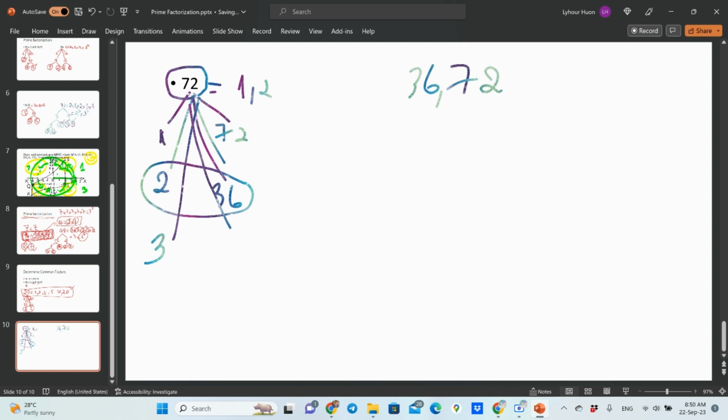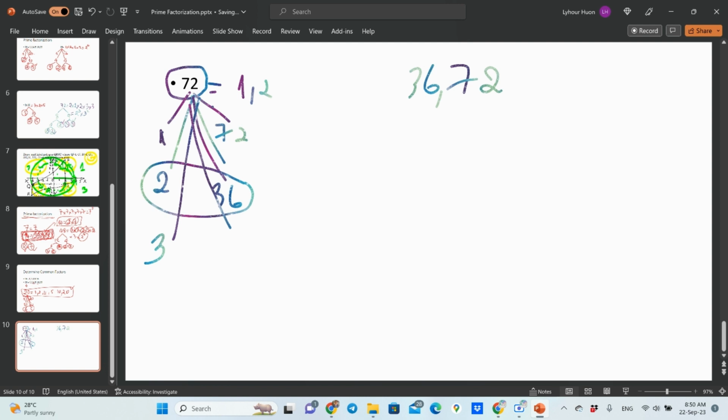The divisibility rule. We studied it earlier. It adds up the digits. It adds up to 3, 6, or 9. Now 7 plus 2 is 9. So it's divisible by 3.